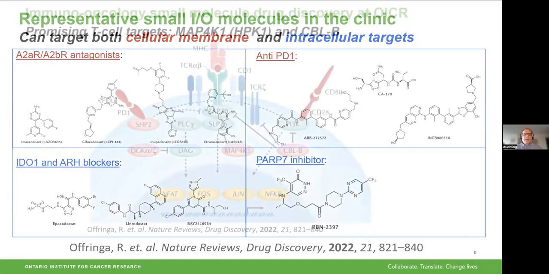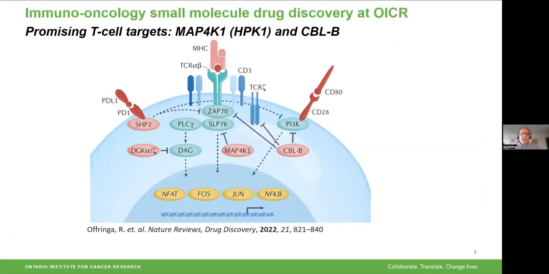And so with the OICR Drug Discovery Group, a couple of targets that we've been interested in are intracellular targets, and they're MAP4K1 and CBL-B. MAP4K1 also goes by the name of HPK1.